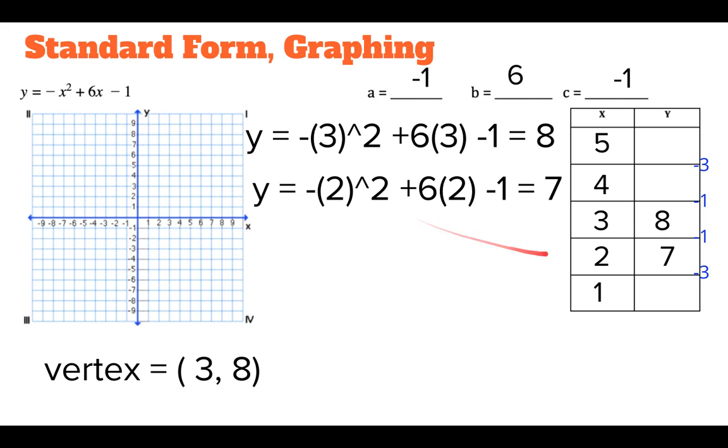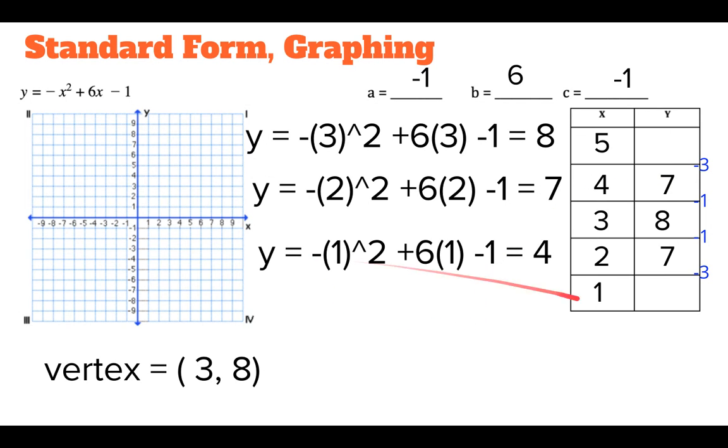Now, I do not need to do it for 4 because I know this number and this number are going to be exactly the same. And I can repeat it again with 1. So 1 I plug in, I get 4. I get the same result as if I use the pattern or if I plug the number in. Whatever one is easier for you, you should try to complete.